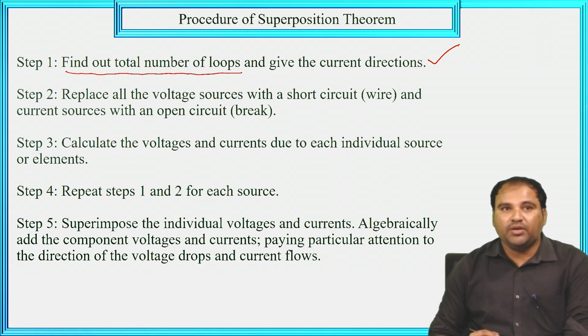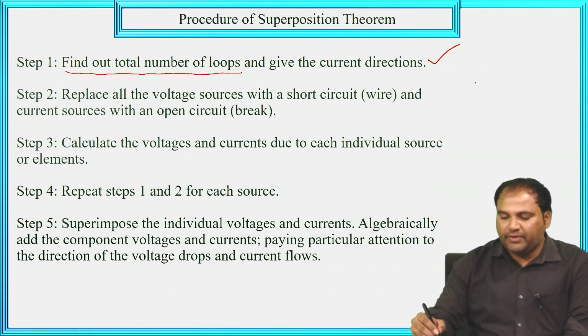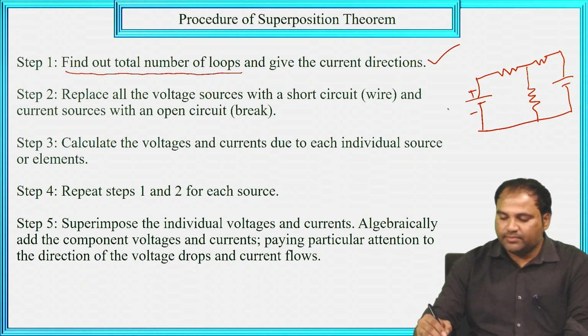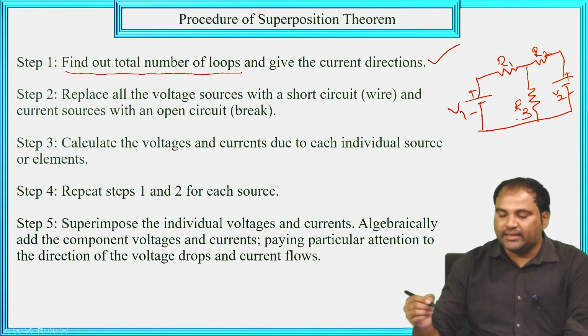Step number 2: suppose the circuit has 2 voltage sources like this. This is V1 and this is V2, and the resistors are R1, R2 and R3.